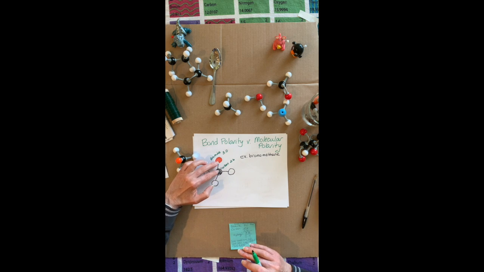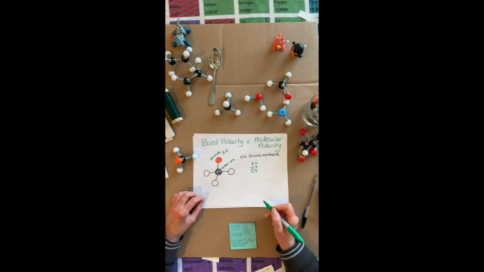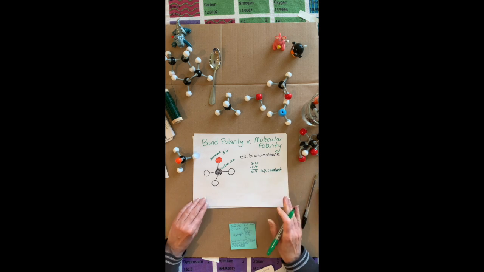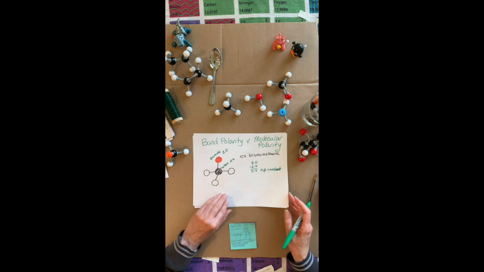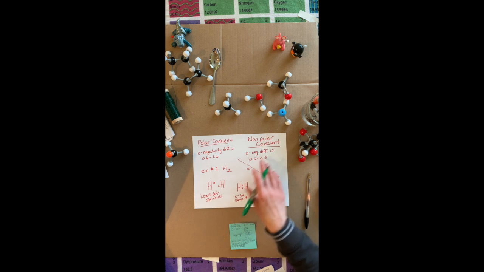So when I want to assess whether this bond is polar or not, 3.0 minus 2.6, 0.4, it's actually non-polar covalent. Now, just as a quick reminder, this is going to go back to a few lessons ago.